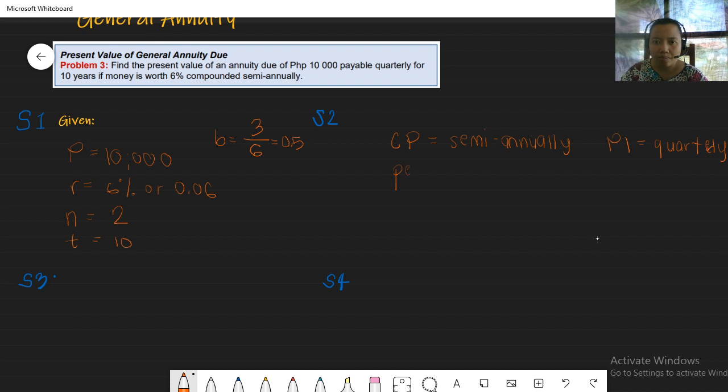So the type of annuity we have is general annuity due. Okay, let's proceed to our step number 3.